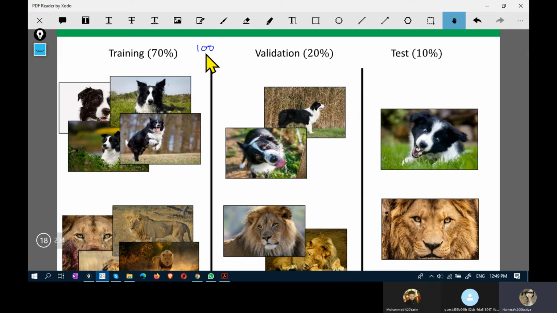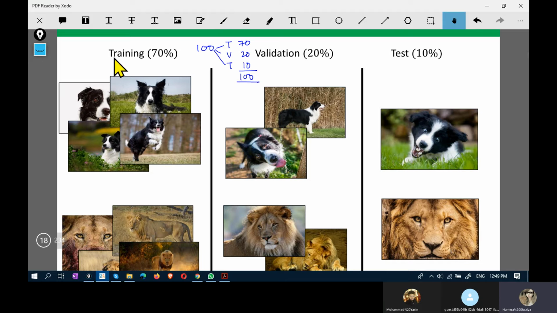If they are in 100 number, they are divided into training set 70% means 70 images, validation set 20% means 20 images, and test 10% means 10 images. So totally you get 100 images.